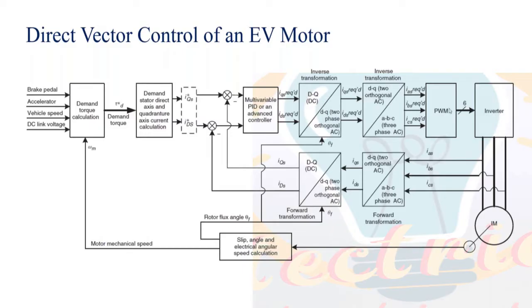When you open a field-oriented control, this is what it looks like. Initially, it looks like a terrible diagram. I can understand what you are thinking, guys, but I will make it simpler. Just follow me. When you take a motor controller, here is where your motor controller comes into the picture.